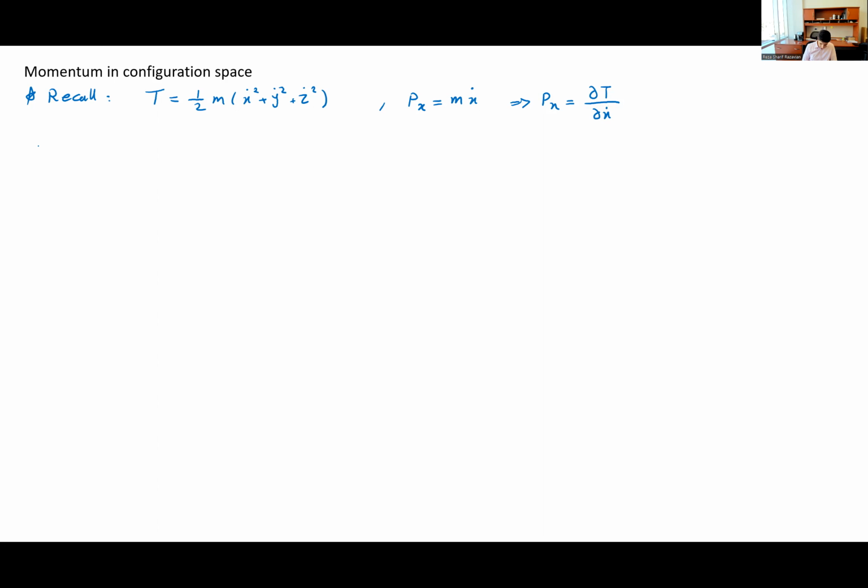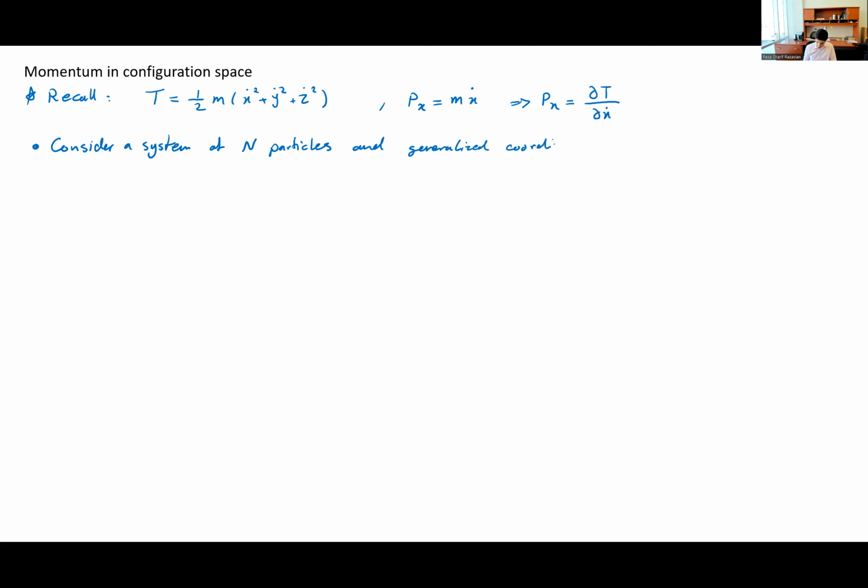So again, the setup is similar as before. Now consider a system of n particles and generalized coordinates qi.